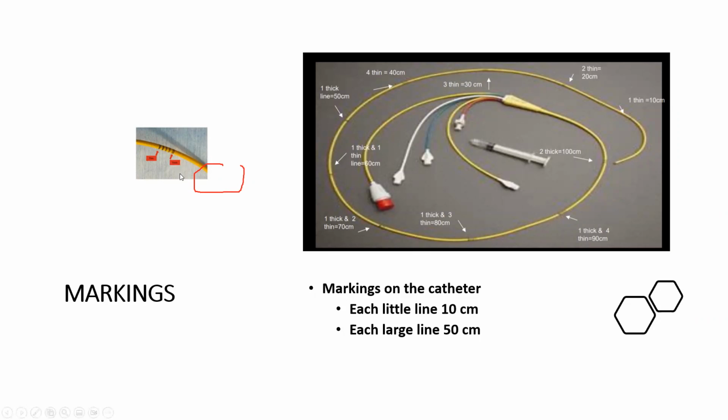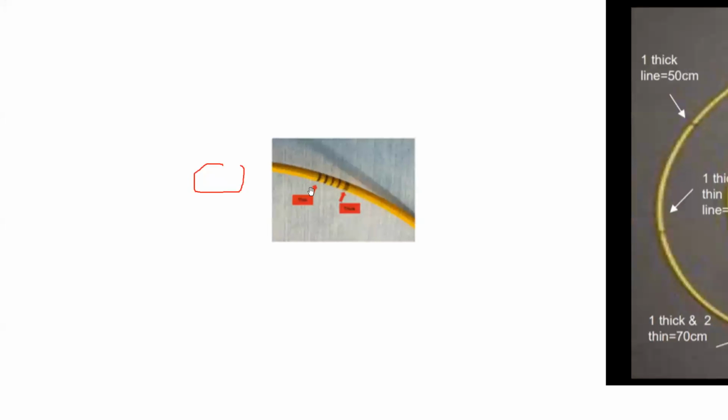Now, there's also another line. If you could see over here, there's a thin line and there's a thick line right here. The thick line is going to be an indicator of a 50 centimeter mark. So this means that this is 50 centimeters.